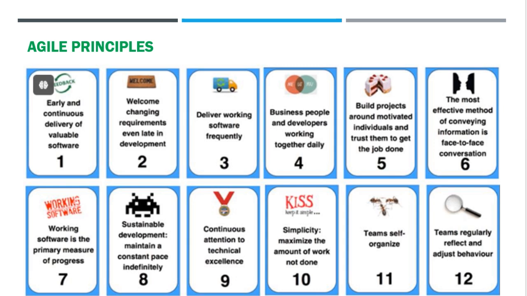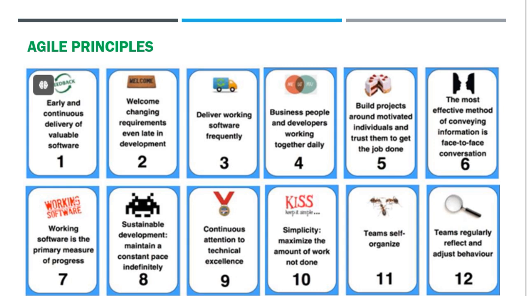So moving to the fourth principle of agile, which states: business people and developers must work together daily throughout the project. For example, think of a football team where the coach and players communicate constantly during a match to adjust strategies based on what is happening on the field.